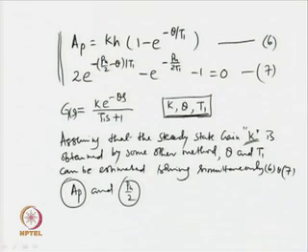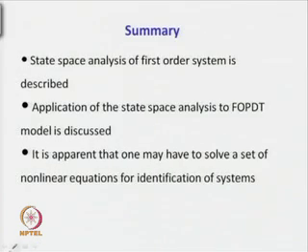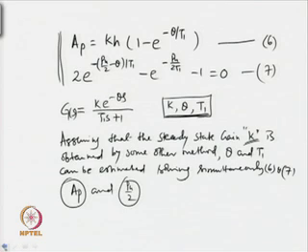Now, further assuming that k is known a priori, it is possible to develop explicit expressions for the unknowns also. Let us try to make use of the expression 6. I will use expression 6 now to develop explicit expressions that can be used further to estimate transfer function model parameters.